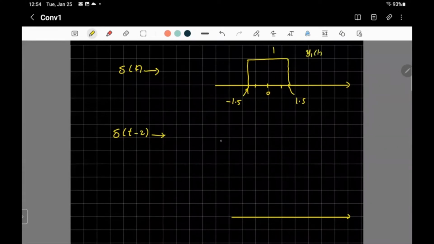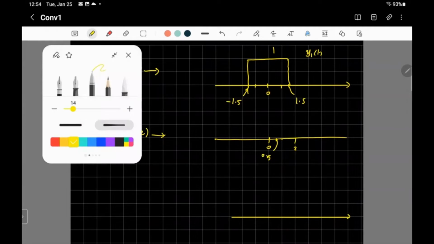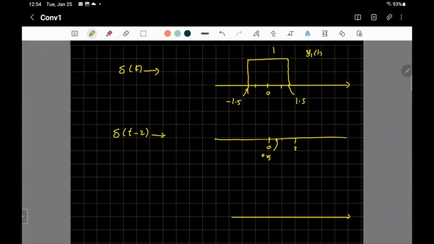And that's the 0. So if this is the 0, I make a shift of 2. We said that will be 0.5. And I'd like to make a line from 0.5 up to here.